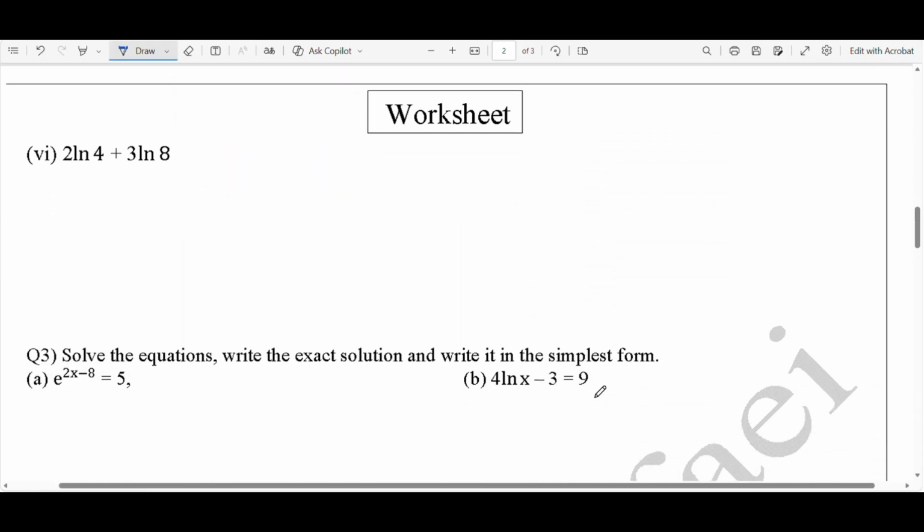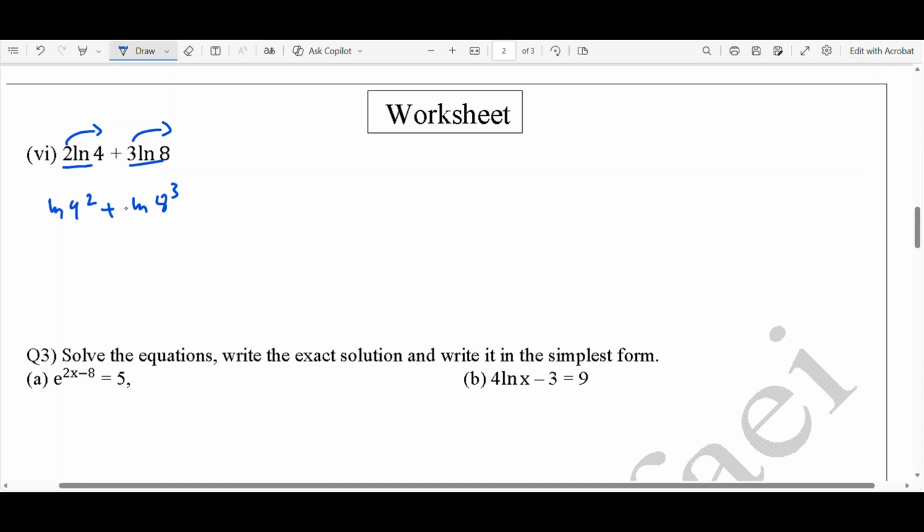Part VI. Can I combine these two terms if I have different coefficients? No. First of all, I'm going to move the coefficient to become a power in order to combine them. It will be ln 4 squared plus ln 8 cubed. In this way, I have the same coefficient, which by default is 1.